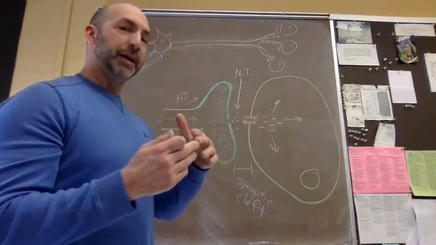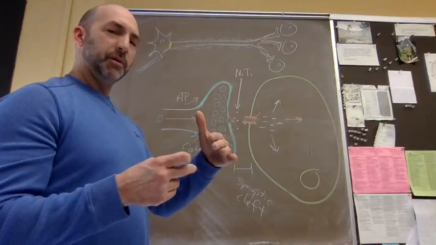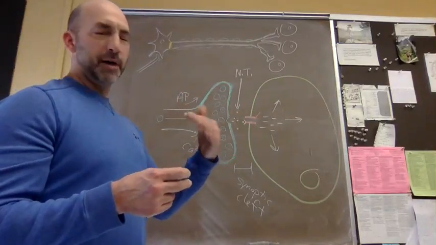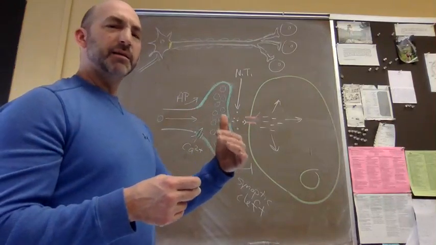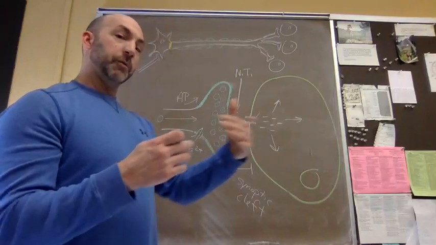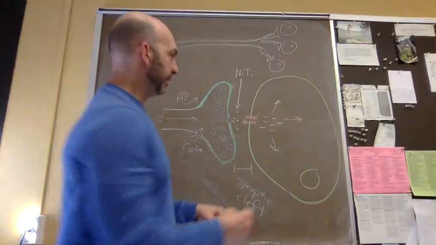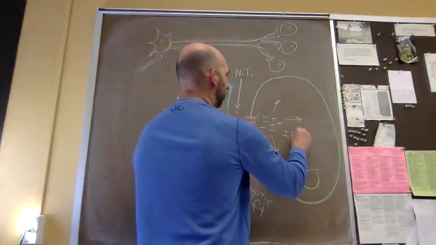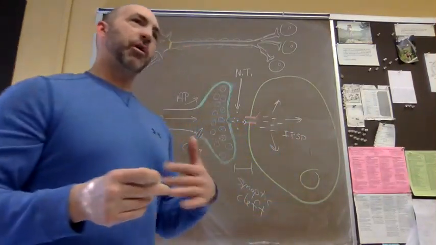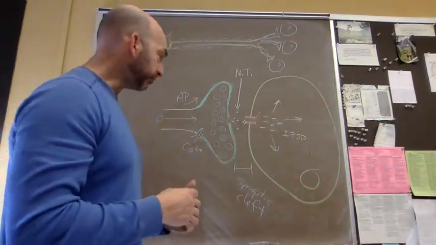Remember, the threshold is more positive than the resting membrane potential, right? Resting membrane potential in neurons about minus 70, threshold about minus 65. So if we become more positive, we're excitatory because we're getting closer to threshold. If we're becoming more negative, right, this would be an IPSP because it's tending to push us away from that threshold and away from generating an action potential.